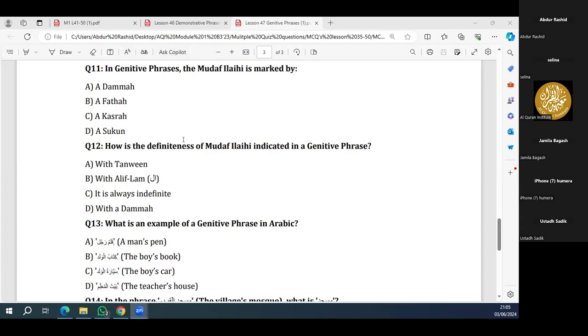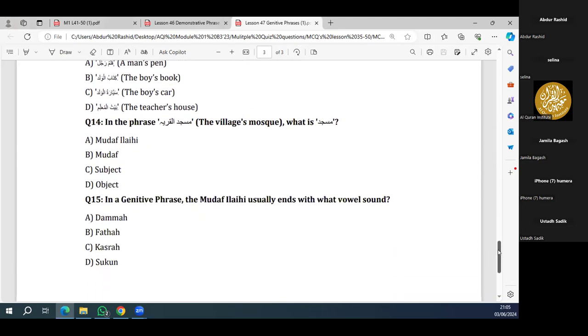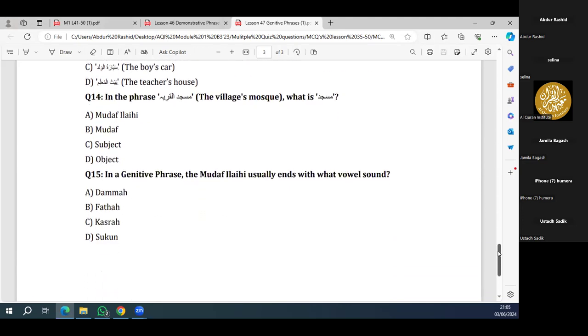Baytul Mal. The correct answer is B and D. Let's move on to 14 and 15. Make a note: 13, B and D. Check if you were correct later.